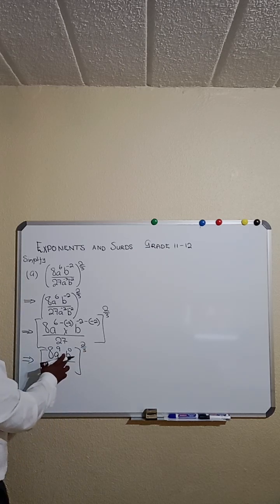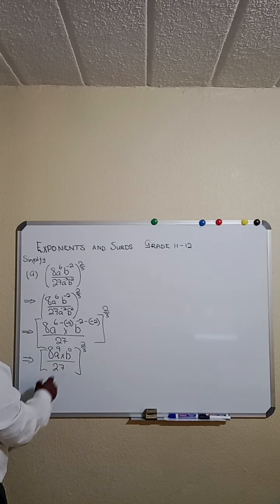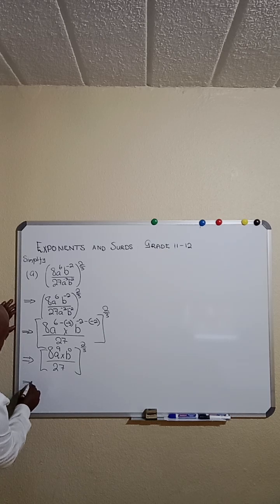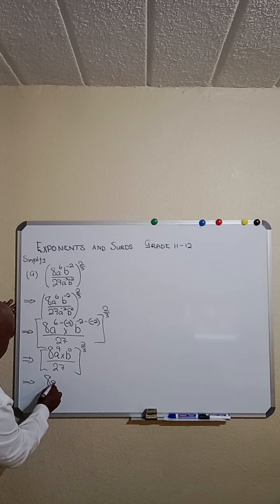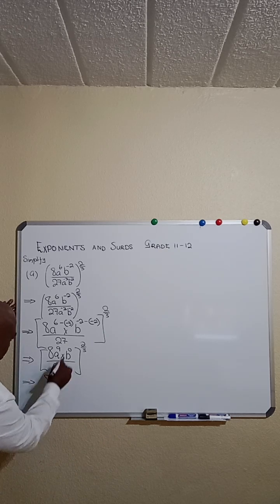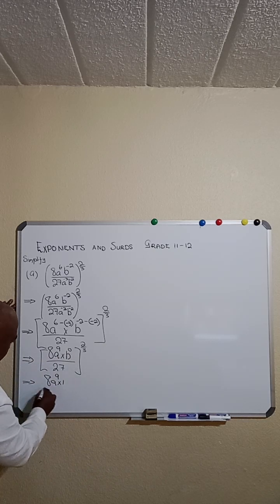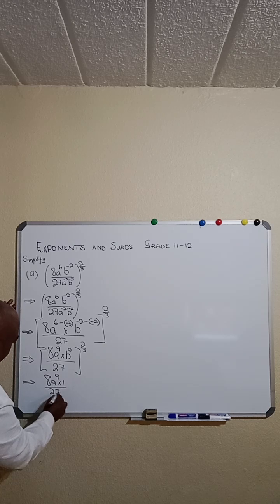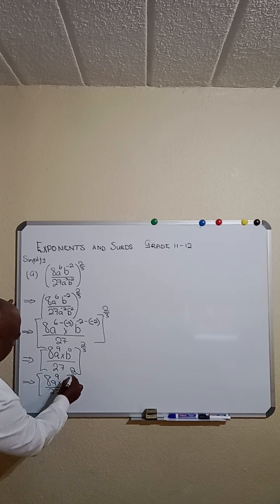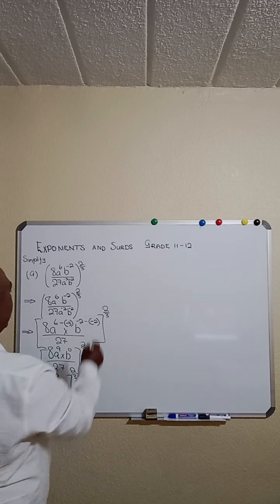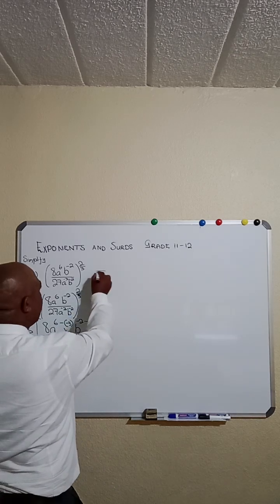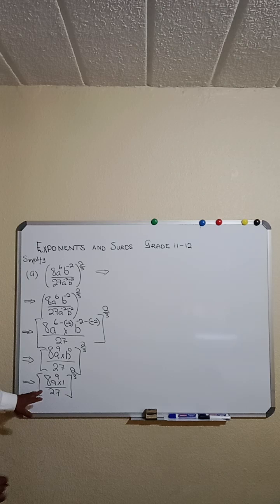So we know that in exponents, anything to the power 0 is 1. So here we have 8a to the power 9 times 1, divided by 27, all to the power 2 over 3. Let's continue here. We have 8, a to the power 9, and 27.